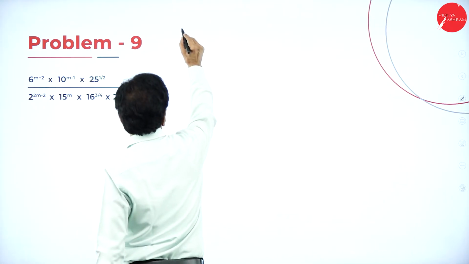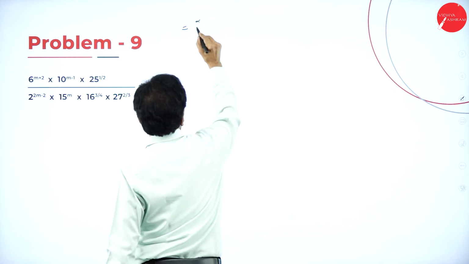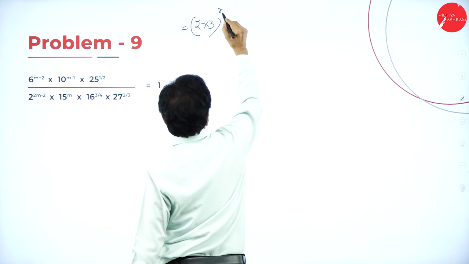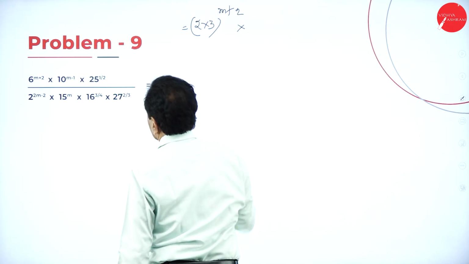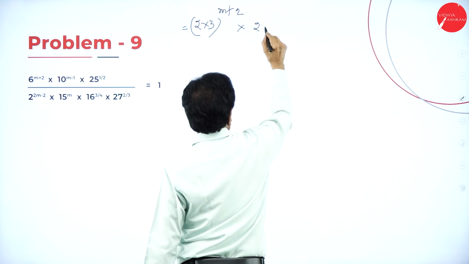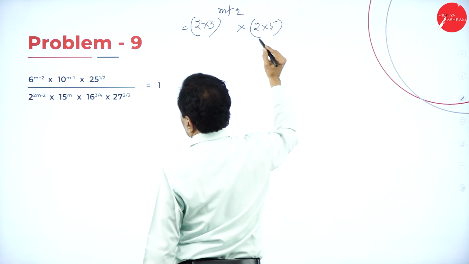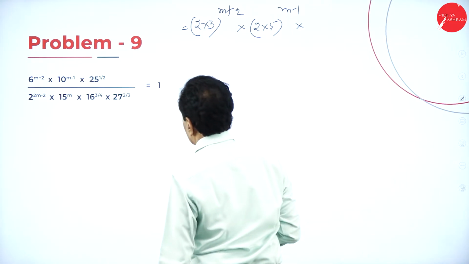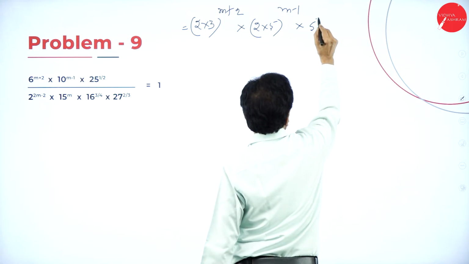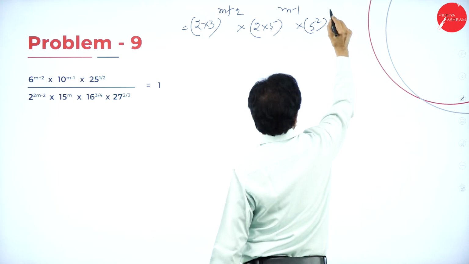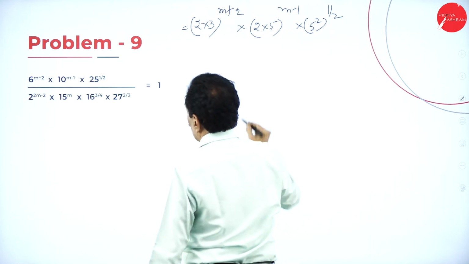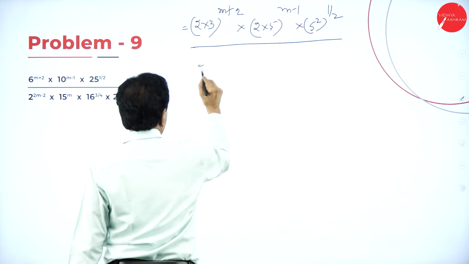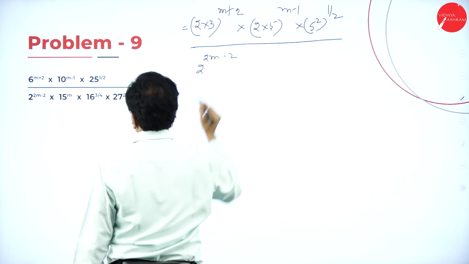Simplify this. 2 into 3 to the power of m plus 2, 10 is 2 into 5 to the power of m minus 1, into 5 square to the power of 1 by 2, whole divided by 2 to the power of 2m minus 2.